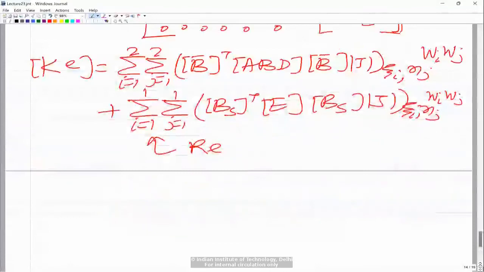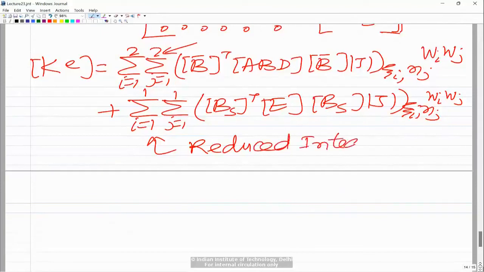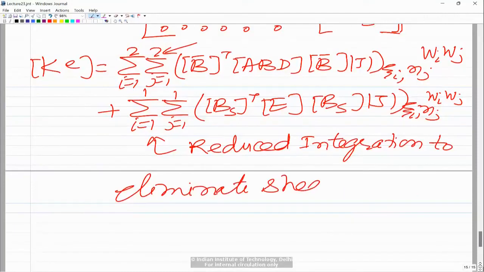This is a full integration, full meaning as per the actual requirement, and because we are using for the second part a lesser number of points, we call it reduced integration to eliminate shear locking.